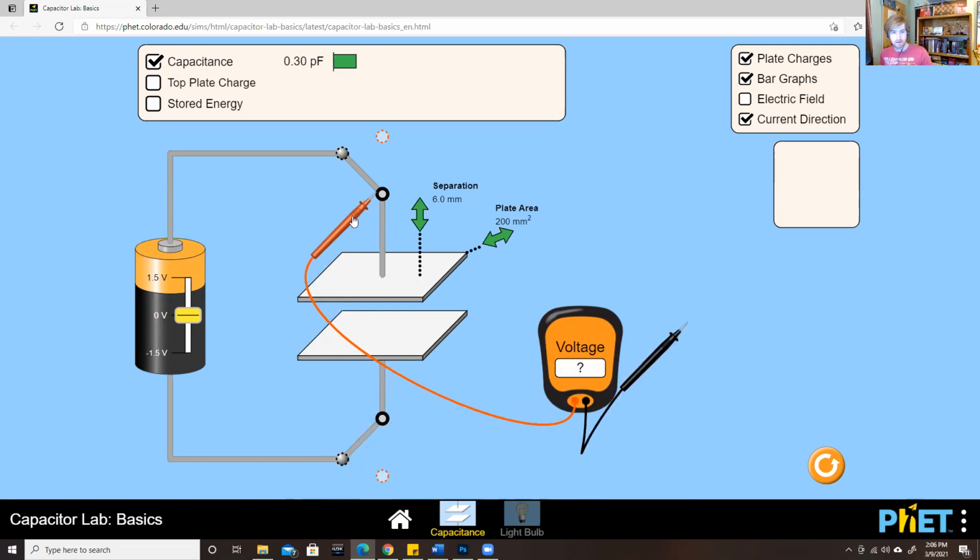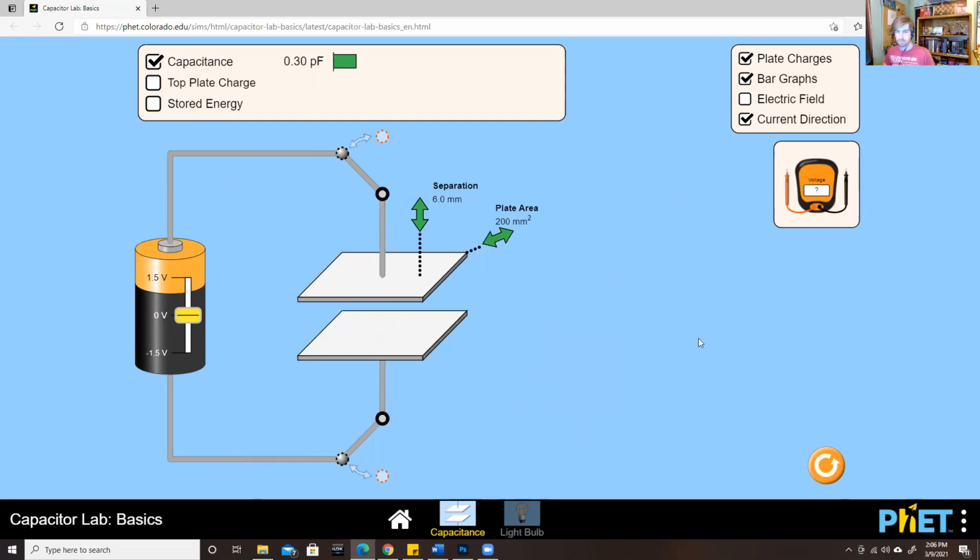Okay. In here, you can play around with this for a bit, but once you get started, you'll follow the directions. You could increase the voltage of the battery. Actually, first, let me reset. So the important things to make sure are checked off, all four boxes are checked off in the top right.